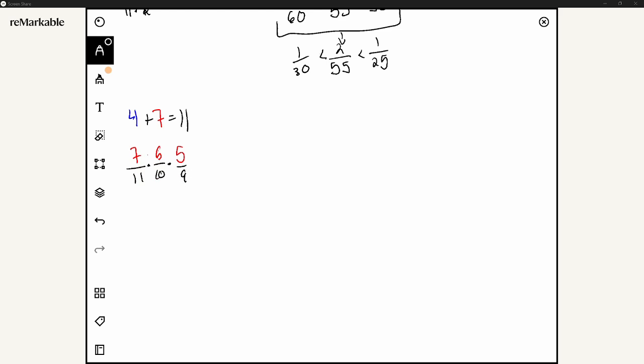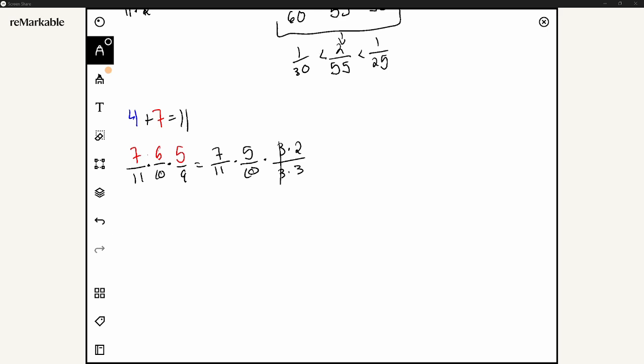Now, there's not a lot we can do with 7 and 11. They are prime numbers. We can't really touch them. But we can swap things around over here. So we have 7/11 times 5/10 times 3 times 2 over 3 times 3, because 6 is 3 times 2 and 9 is 3 times 3.